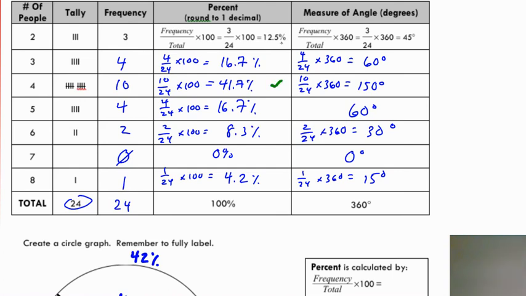So next we have a 12. We have 16 and 16. So let's do these two next. The 4 and 4. So those are both 60 degrees and 60 degrees.